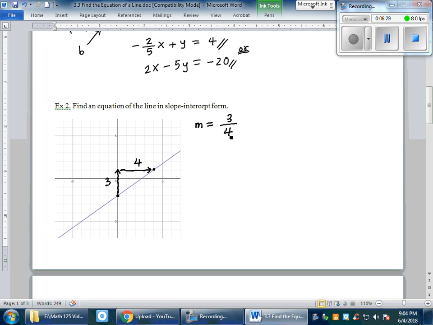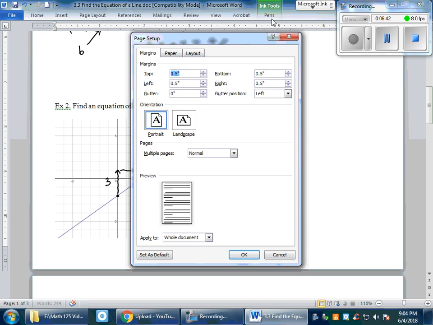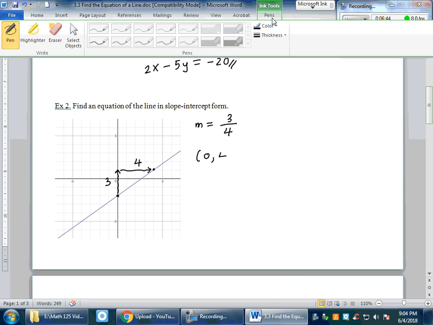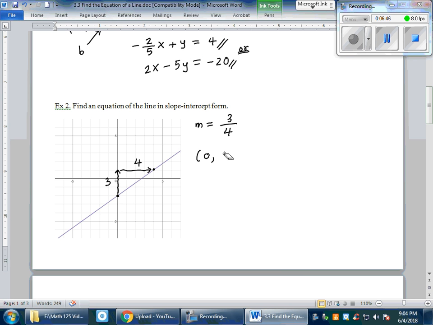I see that I have so many points to choose from, but the easiest one will be choosing the y-intercept, which is a good point. So (0, negative 2).